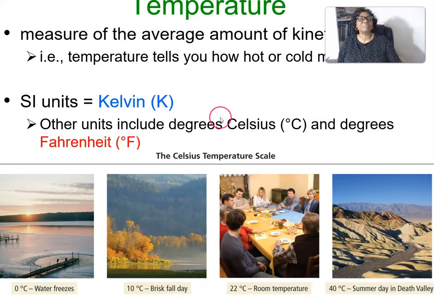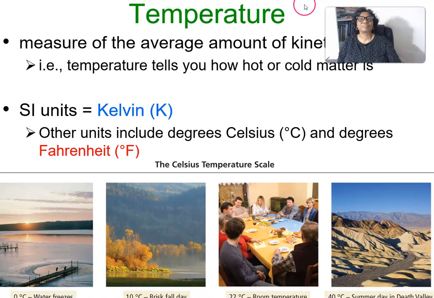Now we talk about temperature. Temperature measures the average amount of kinetic energy. That is, temperature tells us how hot or how cold matter is. The SI unit for temperature is Kelvin, but we have other units like Celsius and Fahrenheit.